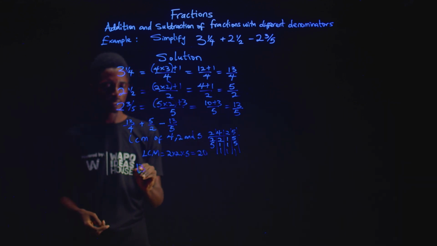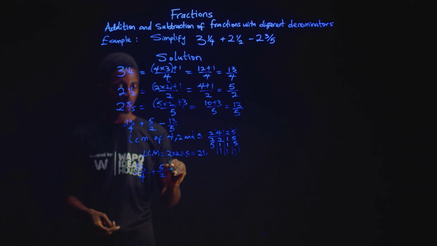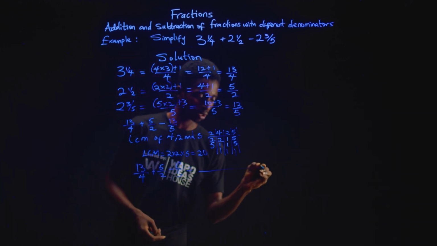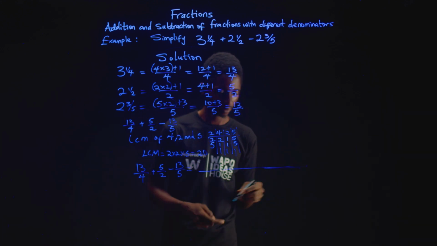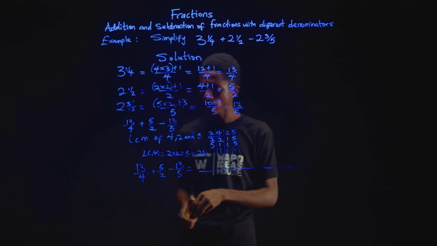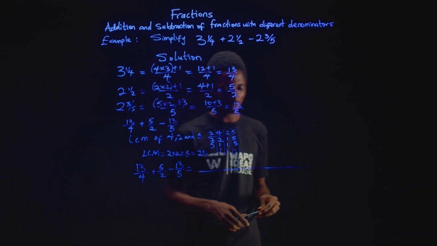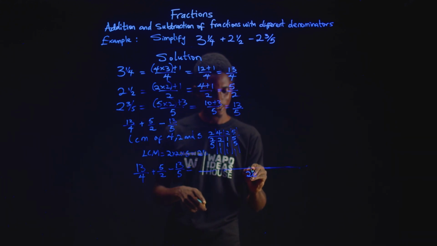Now let's evaluate this: 13 over 4 plus 5 over 2 minus 13 over 5. Draw the long division line. Now that we have this, remember we would write the LCM in the denominator position here. So we have 20 here.